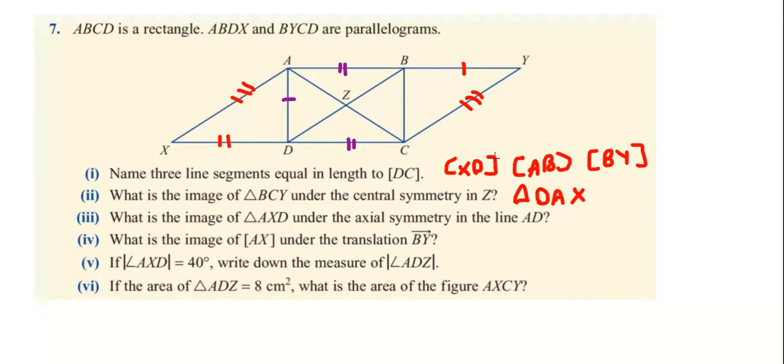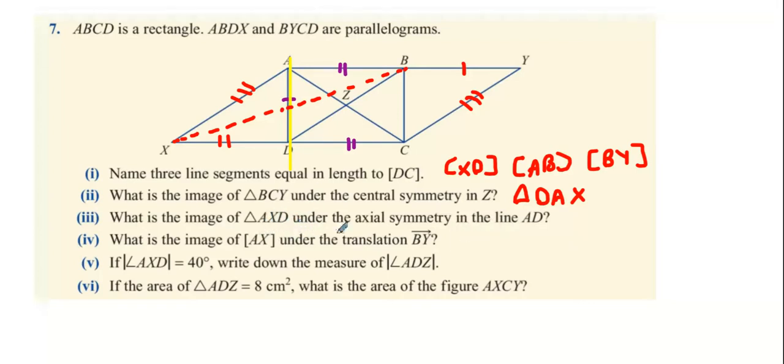Now, where is AD is what we need to figure out. AD is here, so this is our mirror. Okay, so A is on the mirror, so A stays the same. X is not on the mirror, so you go X to the mirror, then out the same amount out the other side, and it turns into B. Sorry, did the wrong question there.